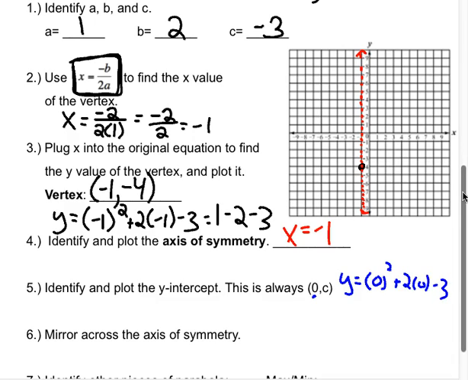Well, if you plug 0 into this equation, those terms drop off, and all that's left is the c value. And in fact, that is always true. The y-intercept of any standard form quadratic is always that c term. So I get that point right there.